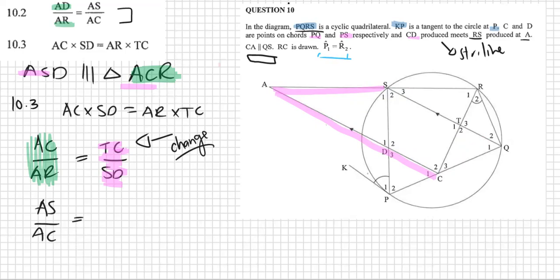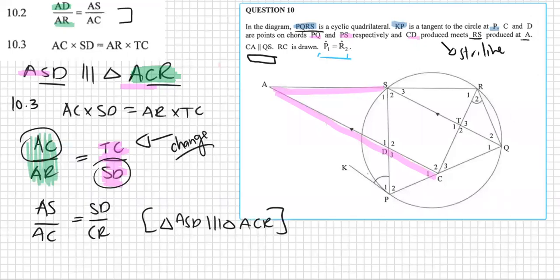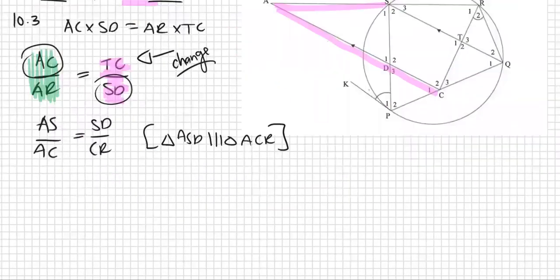So we've got our AC in there, not AR so far, and we've got our SD in there from the previous question. And that's because triangle ASD is similar to triangle ACR from question 10.2. Okay, so this is a secure piece of information.